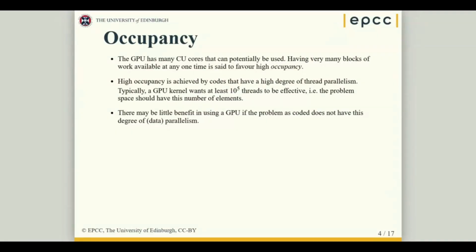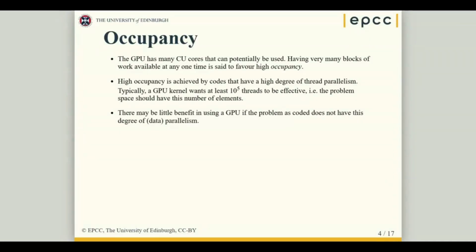High occupancy is achieved by codes that have a high degree of thread parallelism. So we will need a lot of parallel threads in order to get performance on a GPU. Ideally, we will need more threads than the number of available cores that we have on the GPU.